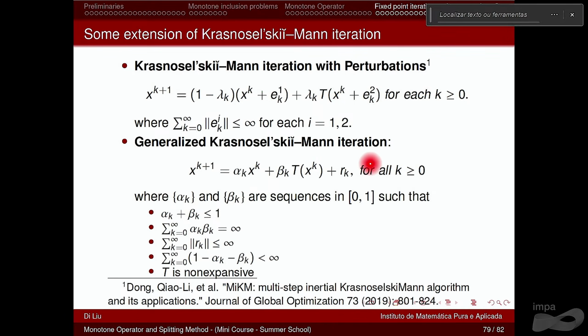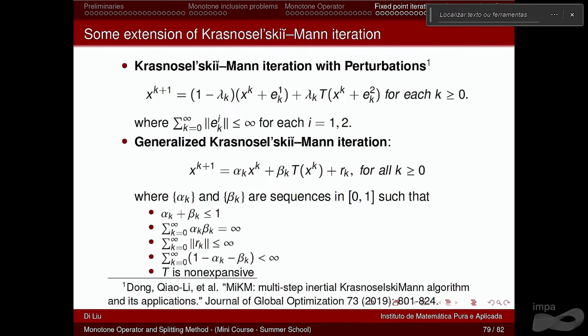Here, the residual is outside, okay? And we have alpha k, beta k here. The advantage of this iteration is that we do not assume that the sum of them equals 1, okay? So this can somehow generalize your algorithms.